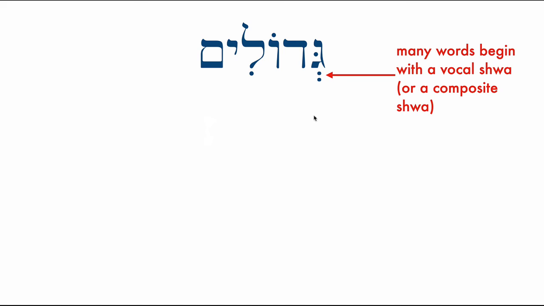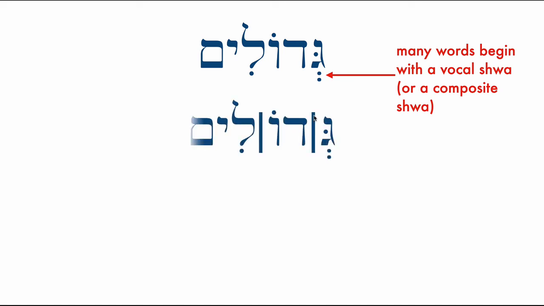Okay. When this is the case, how will we say it? This would be gedolim. G, consonant, and then I look for a vowel. I don't find a full vowel, but I find something. I get to open my mouth. G, and I'm done. I draw my line.